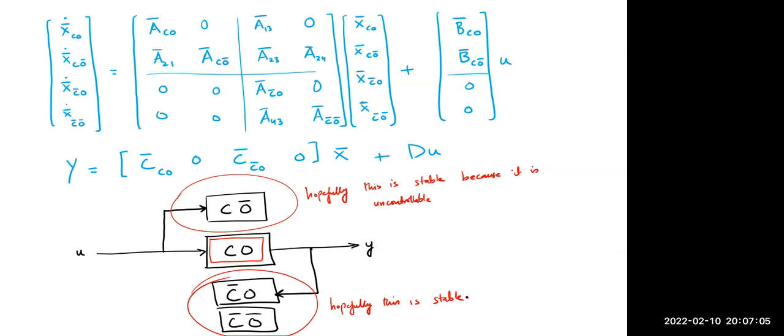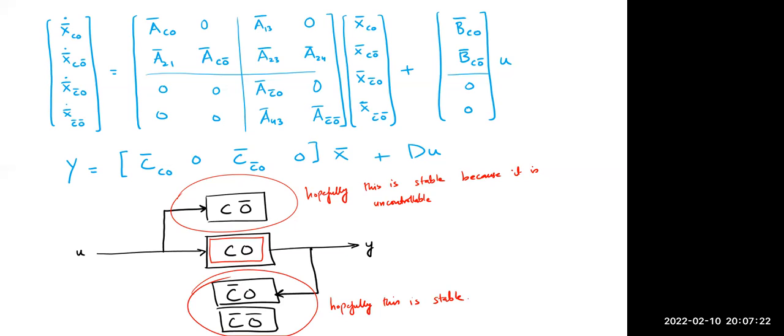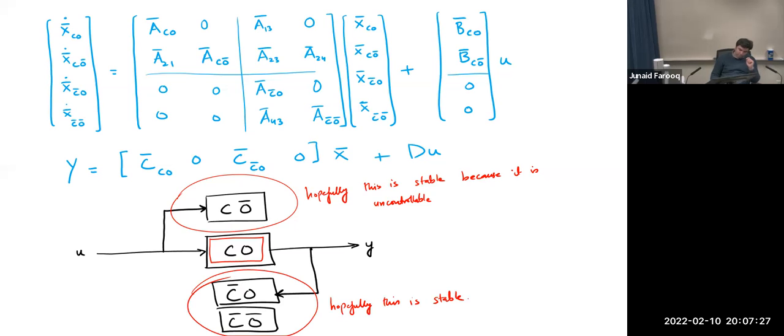Is it uncontrollable or unobservable because of a? Well, observability doesn't matter because it's a C bar. So if these two are stable, then you can still use a feedback controller, right? Otherwise, there's nothing you can do because these states will just blow up. They will go to infinity.